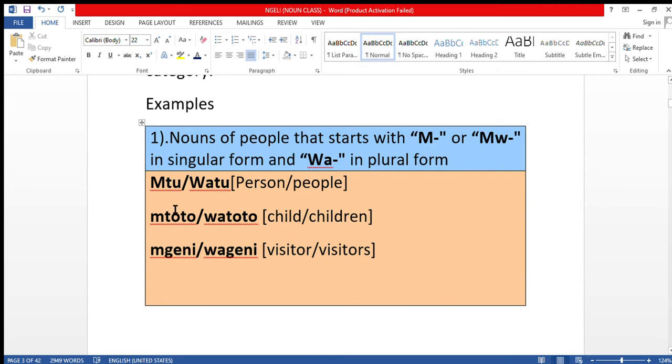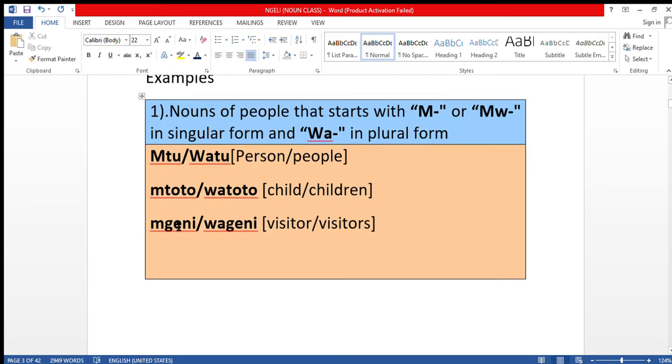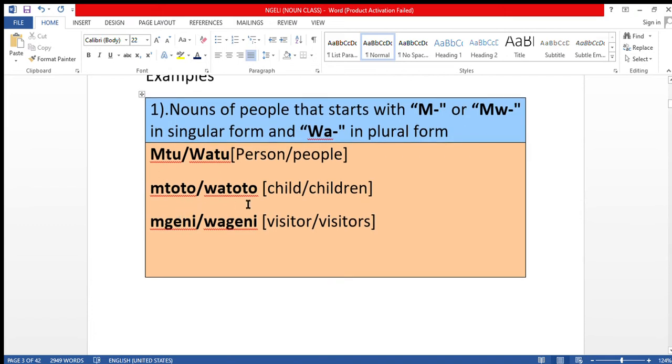Okay. Mtu, watu. So this is singular form, this is plural form. Mtu, watu. Mtoto, watoto.